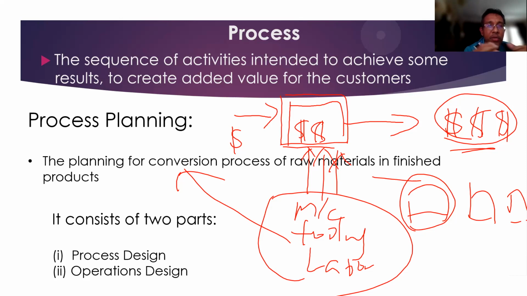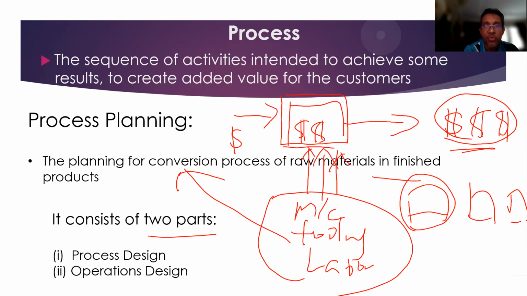So when we combine together, we can get the process, but for individual operation, we can get the operational design. So there consist two parts: for the process, for the overall, and then for operational, for individual, each station or each process.